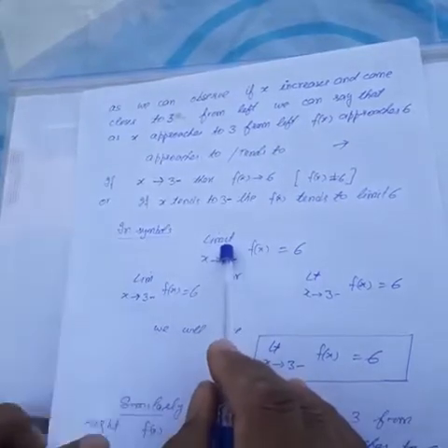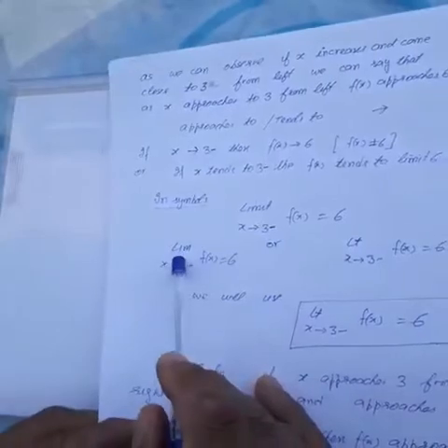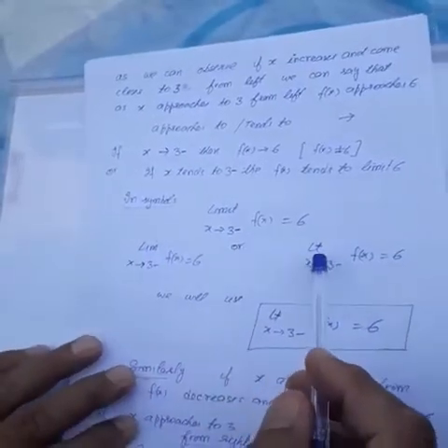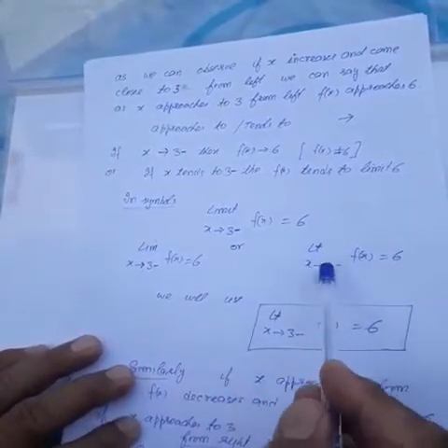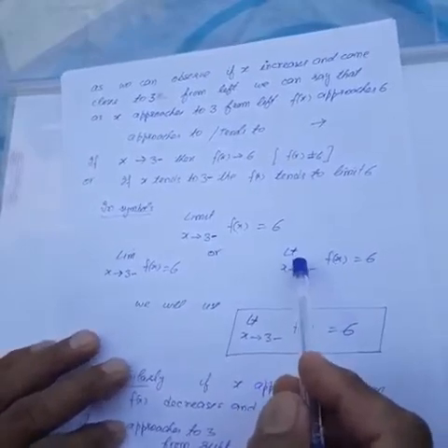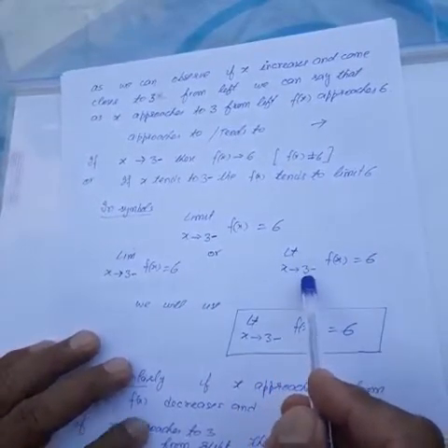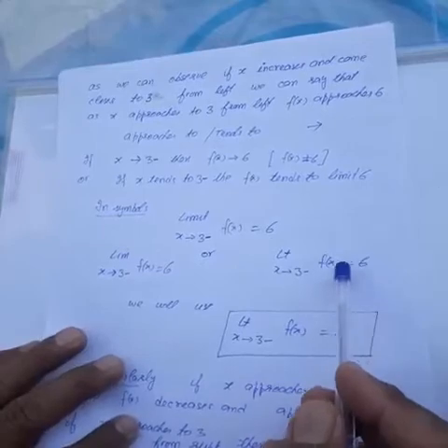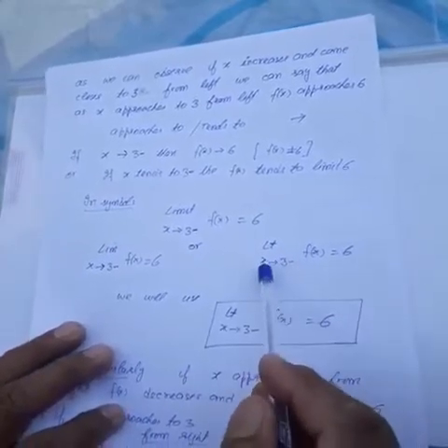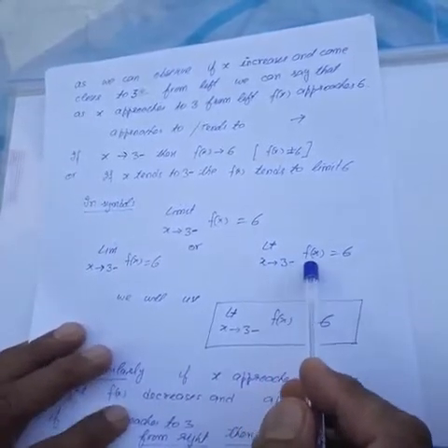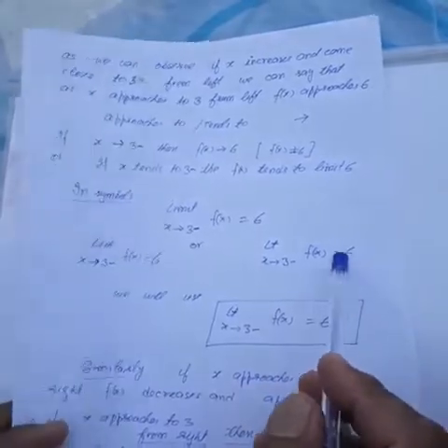The word limit in questions will be written as lim, and in some books it is lt. We pronounce it as limit x tends to 3 minus of f(x) is equal to 6. It means when x is approaching 3 from left, f(x) is approaching 6.